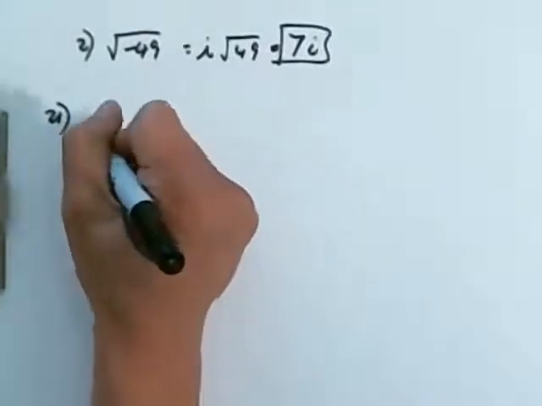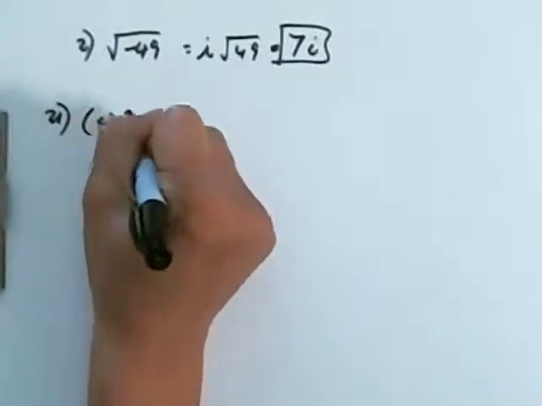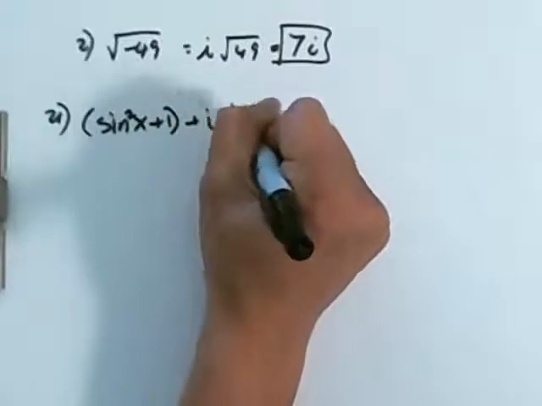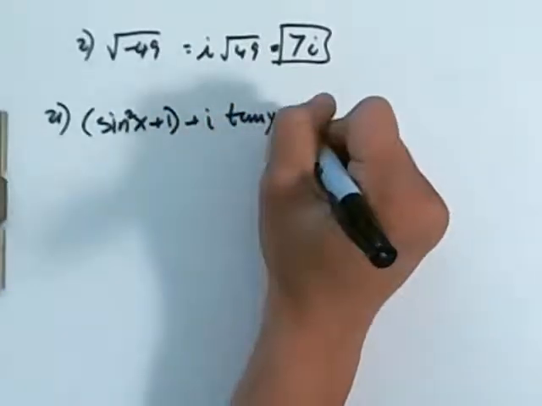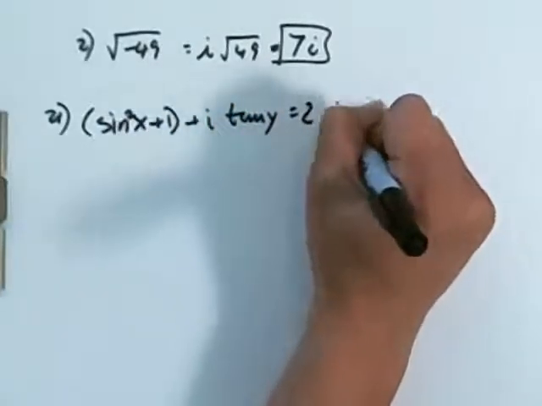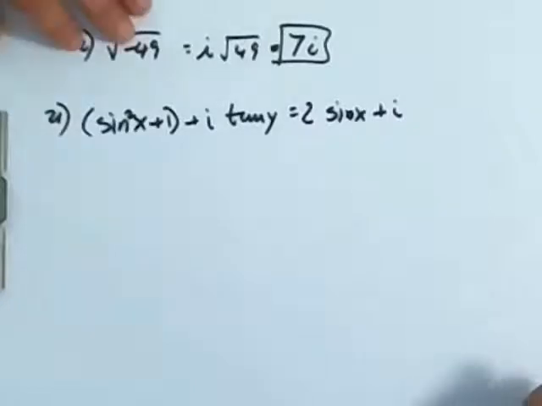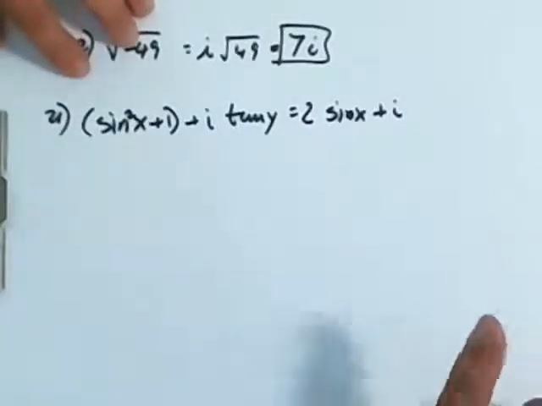It's going to take a little bit of time. Sine squared of x plus 1 plus i tangent of y is equal to 2 sine of x plus i. All of these problems I'm doing are impromptu, so I'll pick at random whatever questions seem to be a little bit difficult.